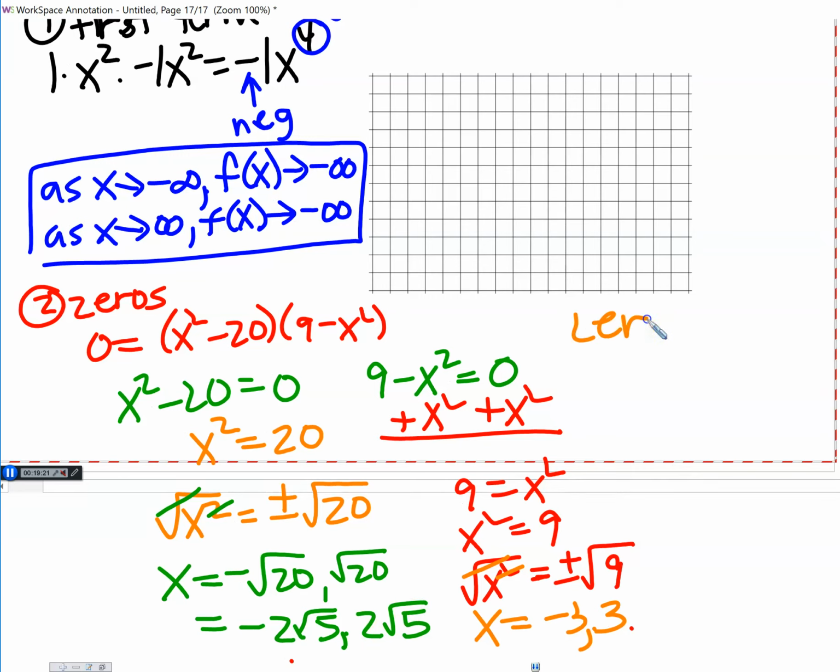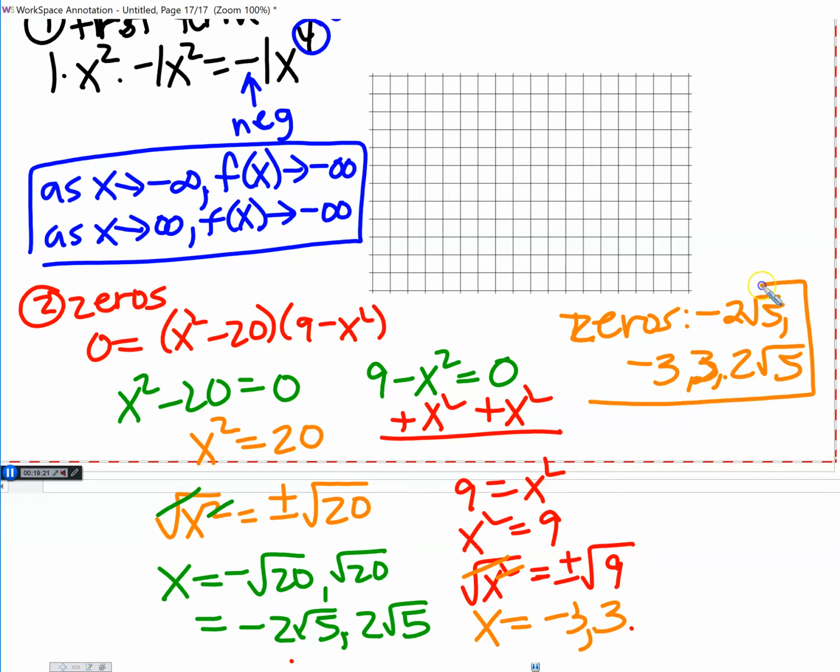So for your zeros, we have negative 2 root 5, negative 3, positive 3 actually would be next, and then positive 2 root 5. So there's our zeros, like so.